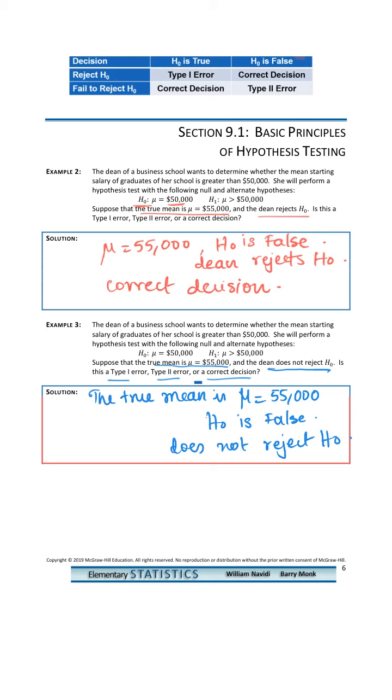If you look at the table above, the null hypothesis is false and we fail to reject the null hypothesis. That is a type 2 error. You can think of this as the intersection of these two. So this is a type 2 error.